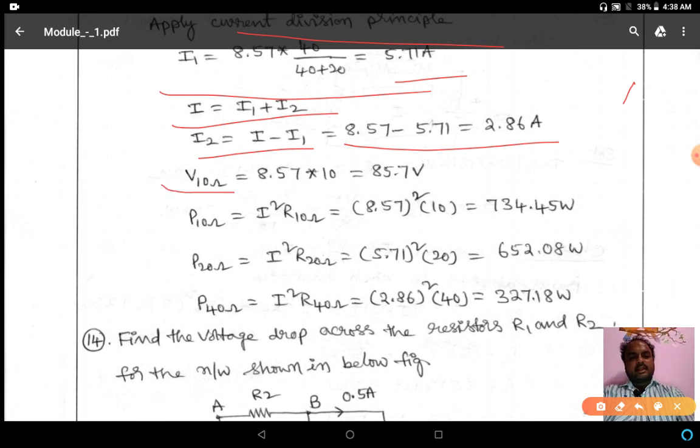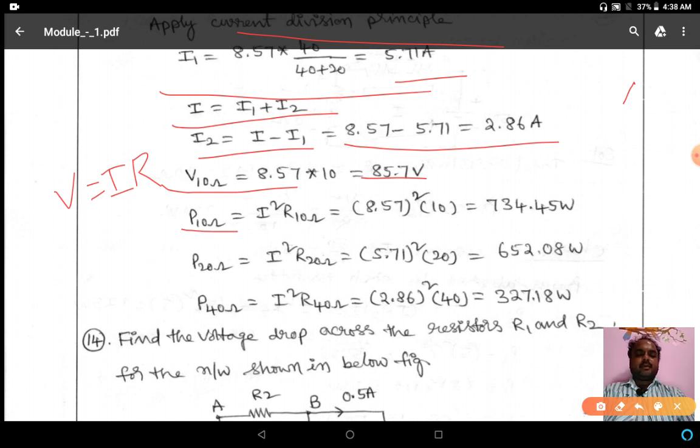The voltage across the 10 ohm resistor is equal to current into resistance. According to Ohm's law, V is equal to I into R, right? So you will get 85.7 volts here.